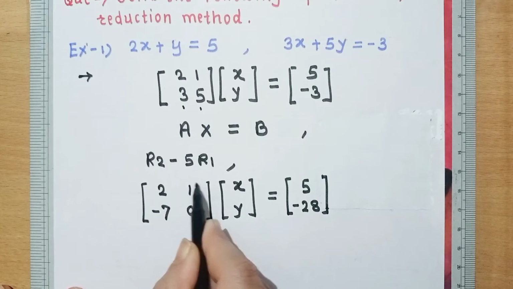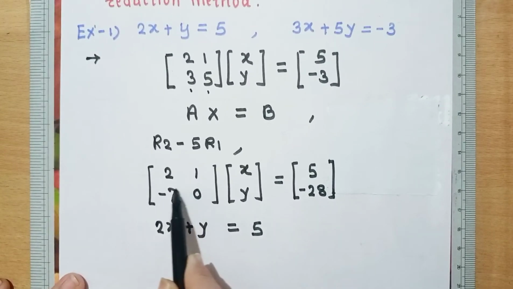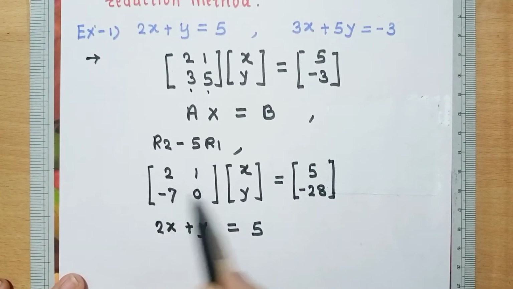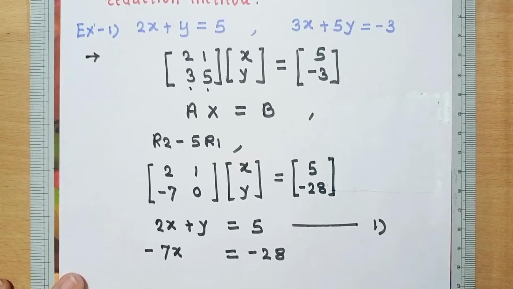Now next step is to write down the linear equations. So multiply the first row and this column: 2x plus y is equal to 5, and the second equation is multiply the second row with this column: minus 7x plus 0y, no need to write, is equal to minus 28. Say this is the first equation.